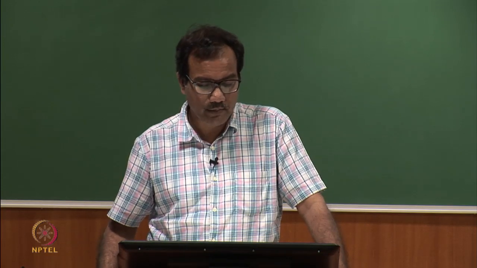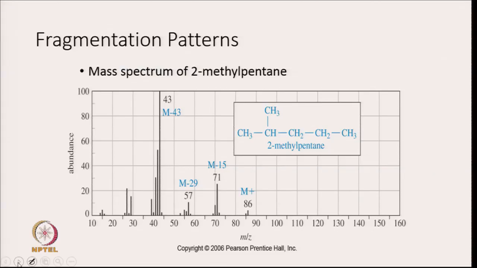Now, look at the fragmentation pattern of 2-methyl pentane. M plus is obtained at 86, so 86 is its molecular weight. If it loses a methyl group, then you will get a peak at M minus 15.